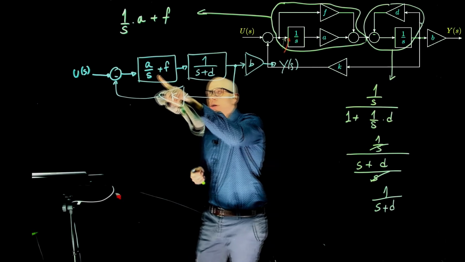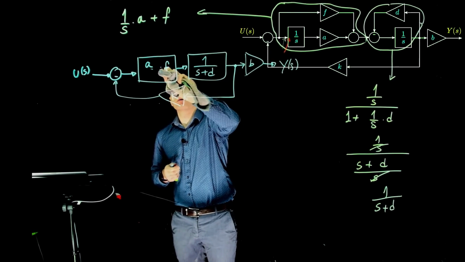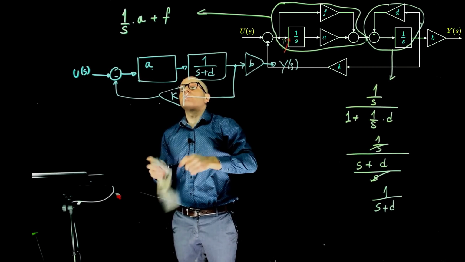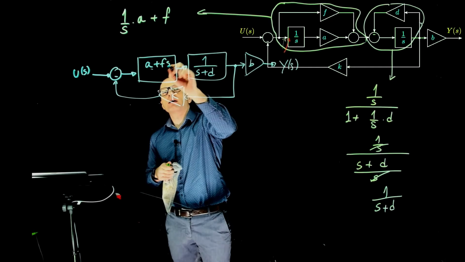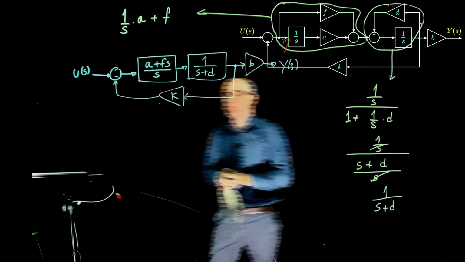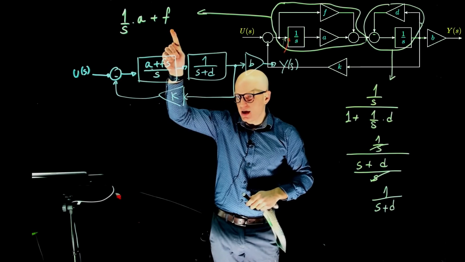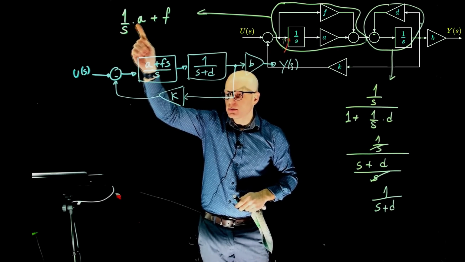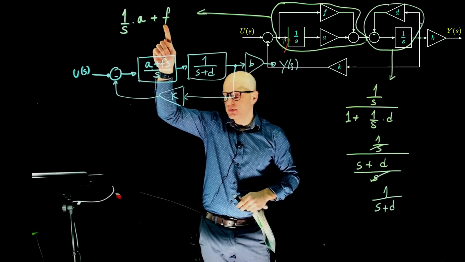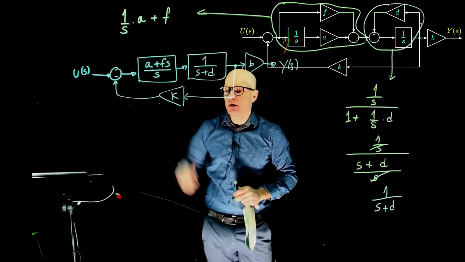If we find a common denominator for this function, we could write this as A plus Fs over S. Simplifying, the common denominator is S. So there's A plus F times S. If we divide the whole thing here, we go back there.